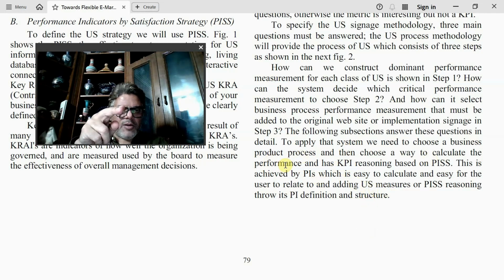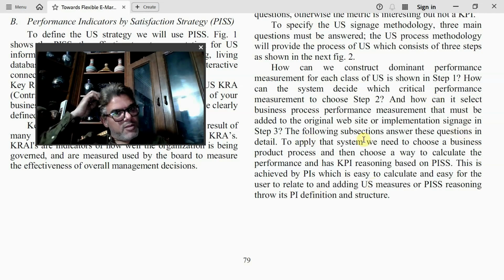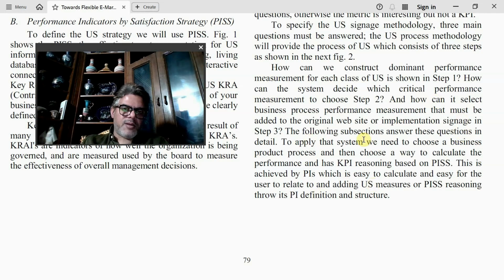So depending on which side you are on. We are on now from the user satisfaction, so the strategic will be the user satisfaction, and the operational would be the business process, the product business process.